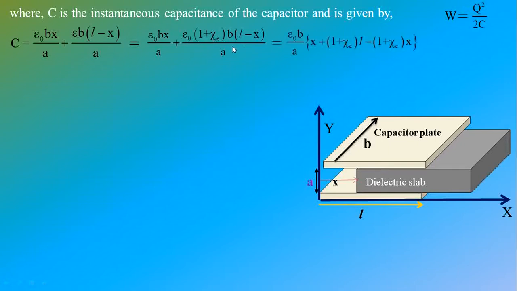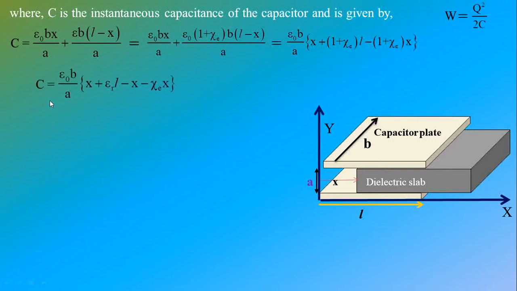Now just expand this equation and we can find epsilon 0 B by A can be taken as a constant from outside. The first term will remain with X plus 1 plus chi E into L minus 1 plus chi E into X. So this term can be expanded.